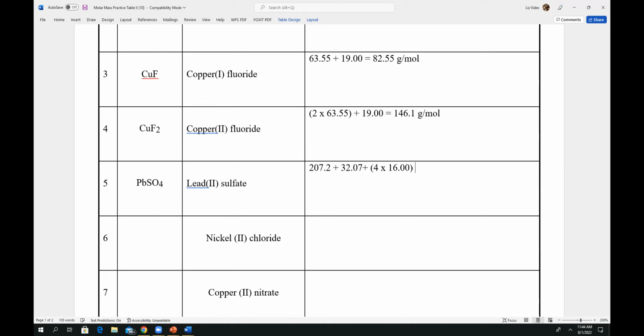Okay, and that is equal to, so let's add up all this, right? So we're adding it all up. So it's 207.2 plus 32.07 plus parentheses 4 times 16. And that gives me 303.27.